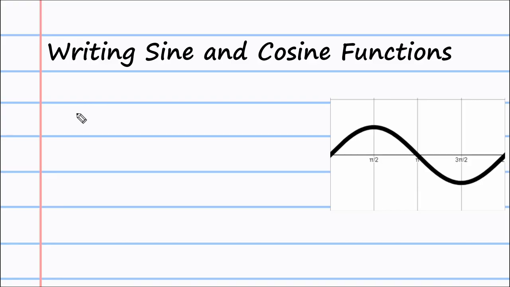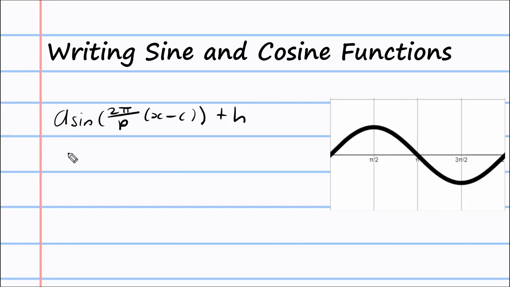All right, so let's go. The last thing we'll be learning about are the standard forms for sine and cosine functions. So standard form for sine functions is a times sine of 2 pi over p times x minus c, plus h.